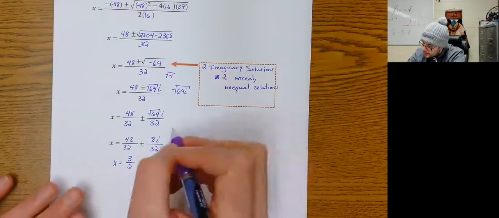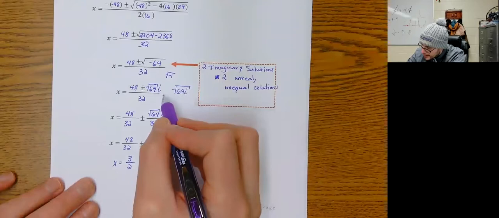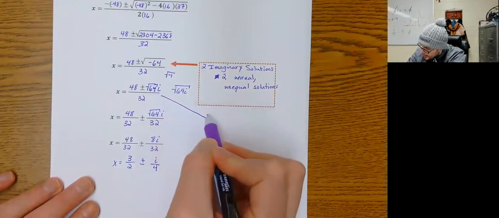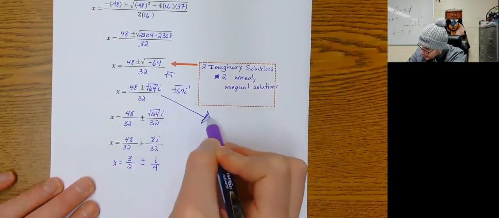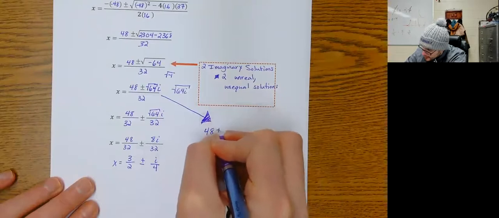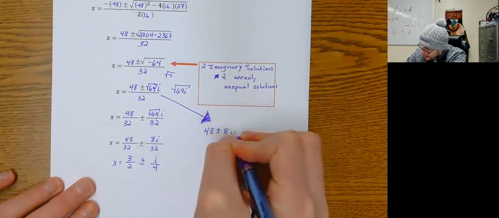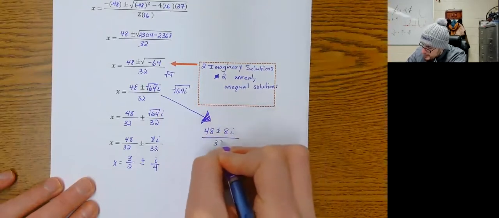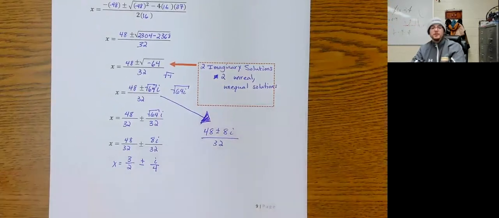Another one could be, instead of separating this out, you can change this to be 48 plus or minus 8i over 32. And then from here, simplify. So what goes into 8, 32, and 48?